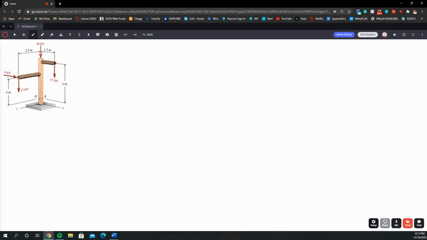First thing we have to do to tackle this problem is take a transverse cut at the point of interest, so right here, and then draw a free body diagram of the reaction of the cut and then solve for the reaction forces.